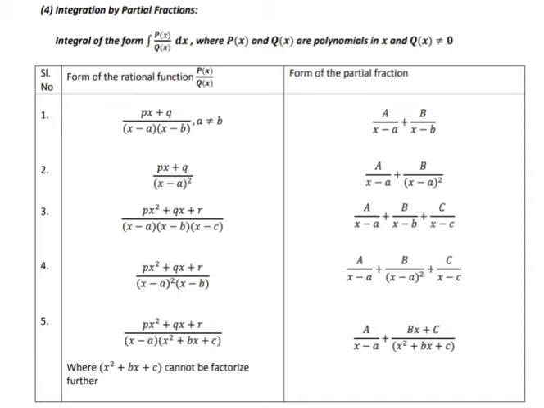And when we add these partial fractions, we get back the given rational function. Also note down that the denominators are all in the form of factors.